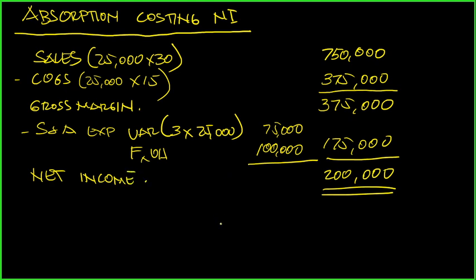Screenshot. And then we go to variable costing net income. Take note, we're still in year 1.